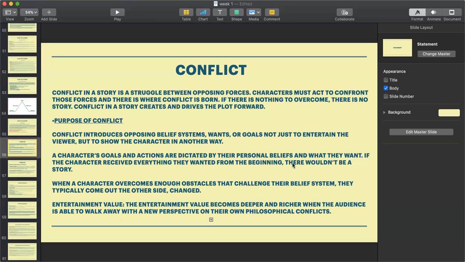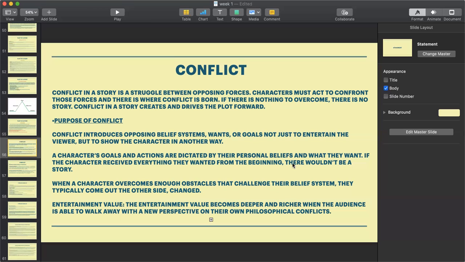So the basic purpose of conflict, why we actually have the conflict, what is the usage of this conflict, is that conflict introduces opposing belief systems. You know, there is a bad, there is a good, there is someone against you, there is someone for you. So there are opposing belief systems, wants or goals, right?